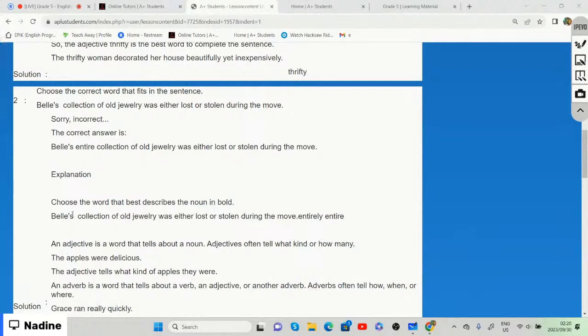We need to choose between one of those words, entirely or entire.